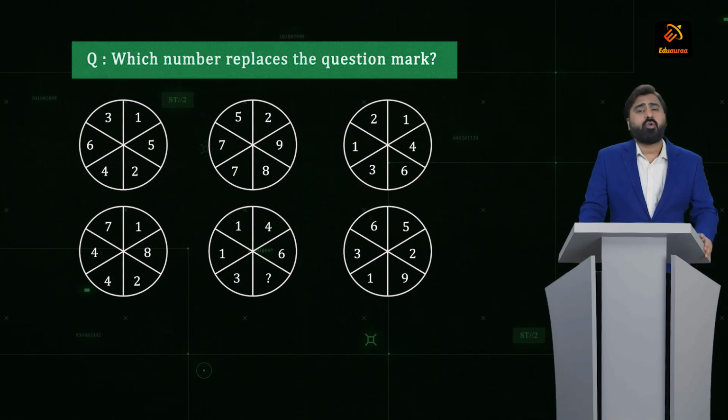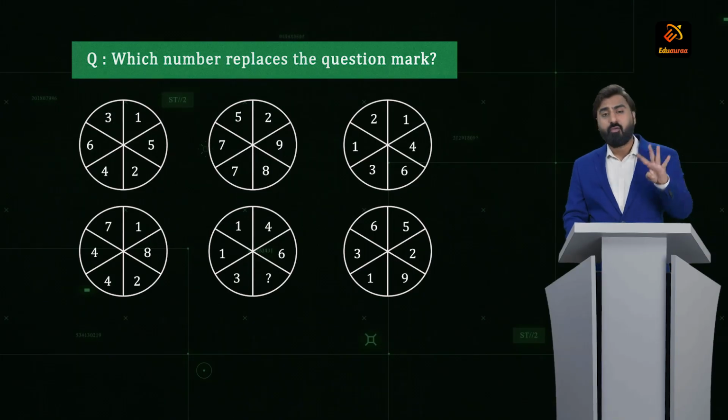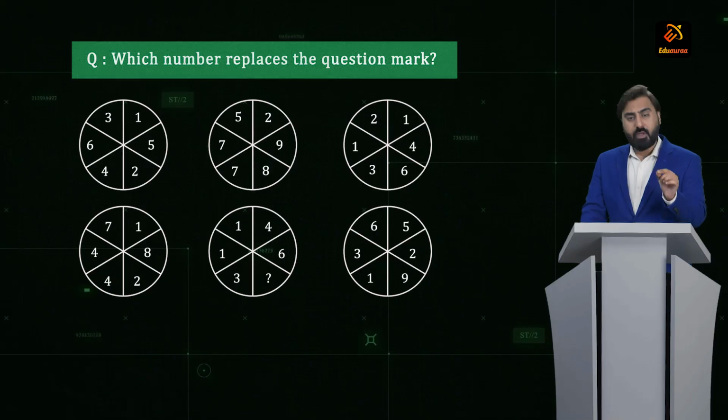The second oval has numbers 2, 9, 8, 5, 7, 7. Third one has 1, 4, 6, 2, 1, 3. Fourth one has 1, 8, 2, 7, 4, 4. Fifth one has 1, 4, 1, 6, 3 and unknown. And the last one has 6, 5, 3, 2 and 1, 9. We are supposed to find the unknown number, students. How do we find it?